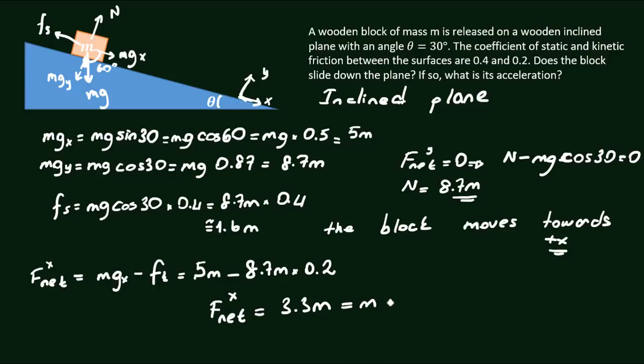This is equal to mass times acceleration along x, hence an acceleration of 3.3 meters per second squared. So this object moves down with this much acceleration.